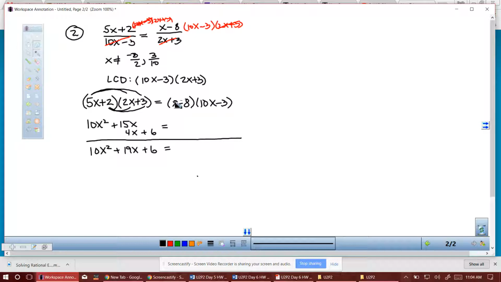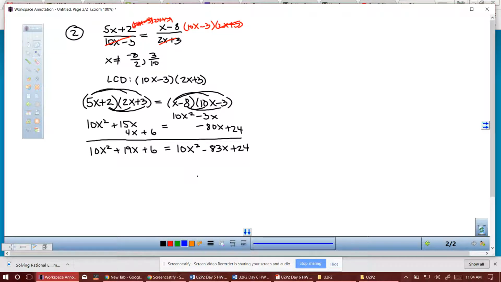Then I will FOIL on this side, so that will give me 10x squared, negative 3x, negative 80x, and a positive 24. Again, I lined them up vertically, so I'll add them up and get 10x squared minus 83x plus 24.